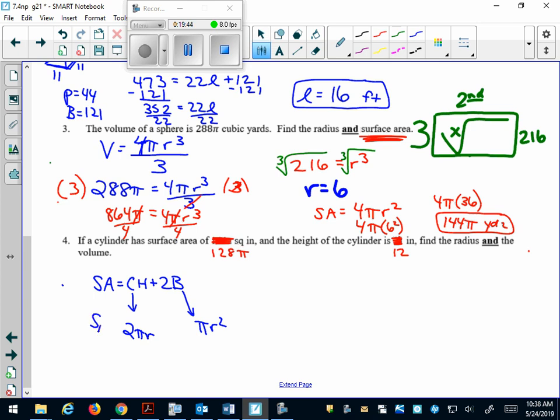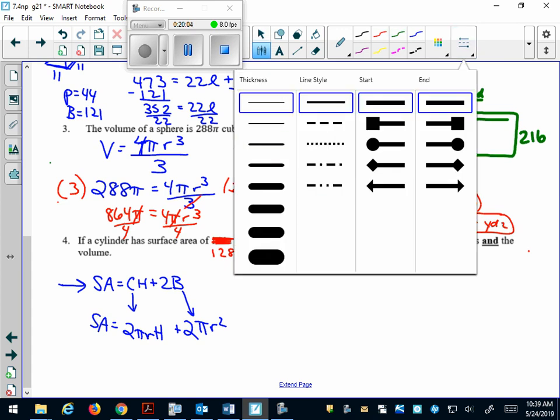Everything else stays the same. So the h goes on there, and the 2 goes right there. Now, on your formula sheet, it actually looks like this anyway. So you could just pull it off your formula sheet, but if you think about it this way, you have to turn it into a version of that formula that has the r's in it.